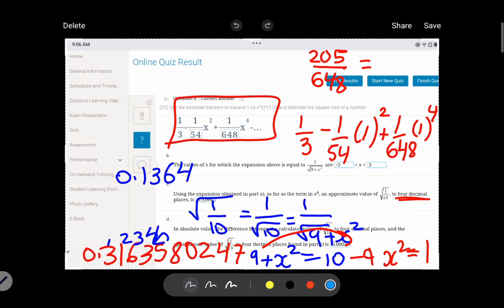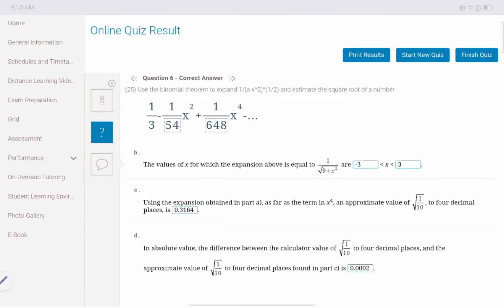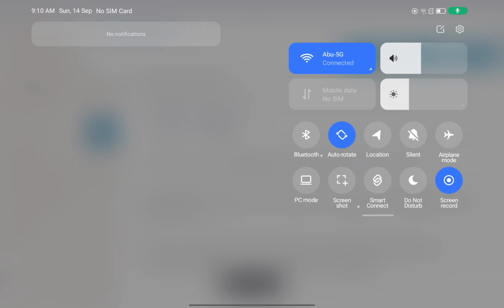When you put radical 1 over 10 on the calculator, you will get the actual answer. We can't compare them directly because the actual answer is different from the estimated answer. For example, the first 3 digits will be the same, and then the last one will be different. I'll show you. It's the same thing in part D, by the way. It's the same way that we do for part D.